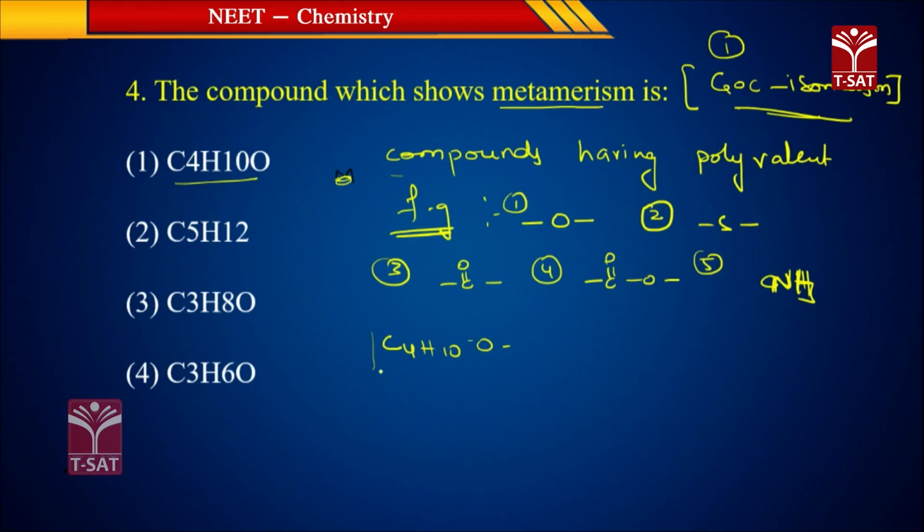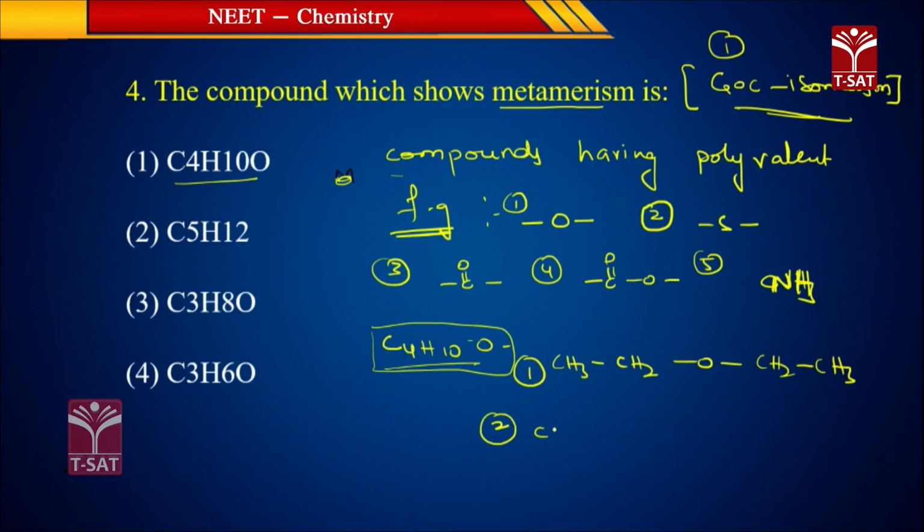Their formula will be the same, but the alkyl groups are different. C4H10O we will see now: CH3, CH2, O, CH2, CH3. Is it C4H10O or not? Yes, this is one of the isomers of the formula C4H10O. First option I am taking. And the second option: CH3, CH2, CH2, O. So, this is also C4H10O.